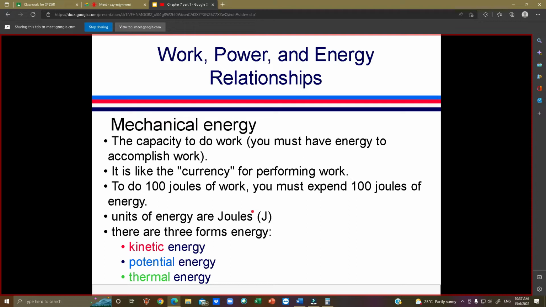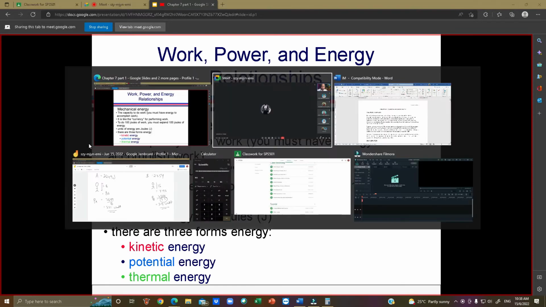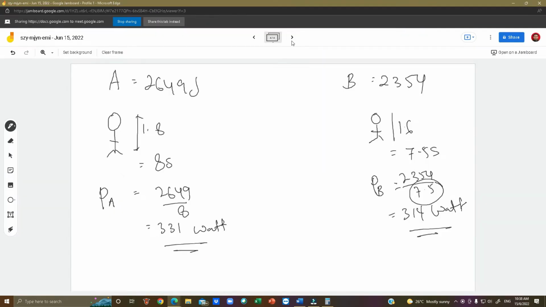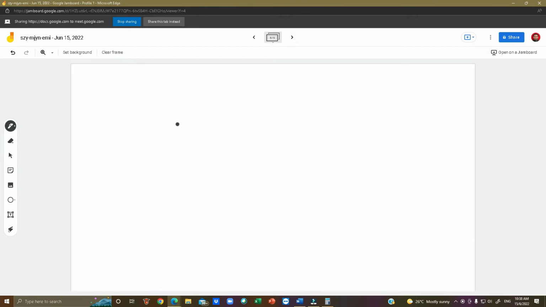Jadi joules pun tenaga. Alright, so when we talk about energy, it can be divided into 3. Kinetic energy, potential energy, thermal energy. Okay, jadi kita tengok energy dulu. Energy. Alright. Let's say we have a person.